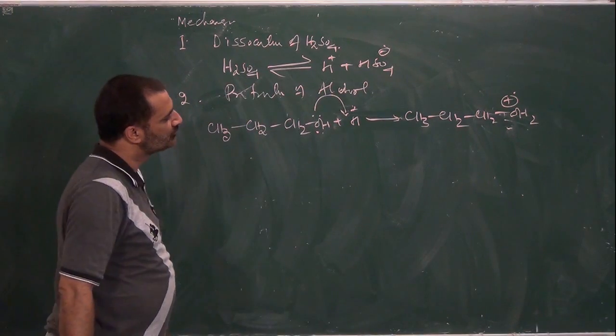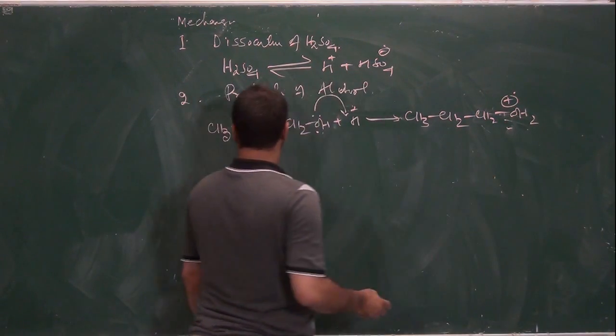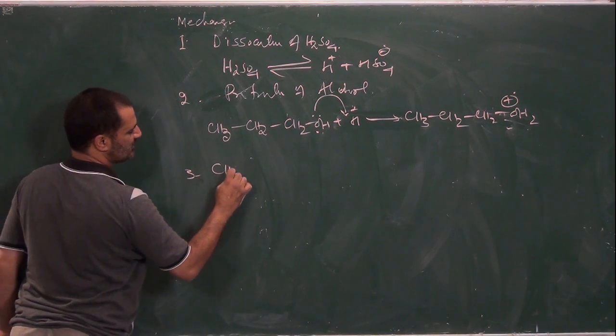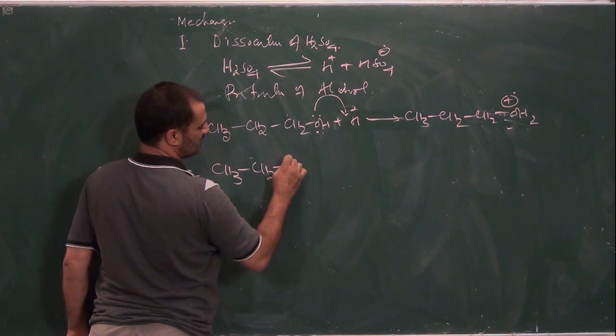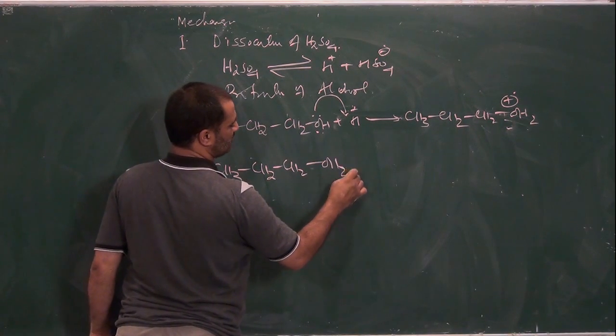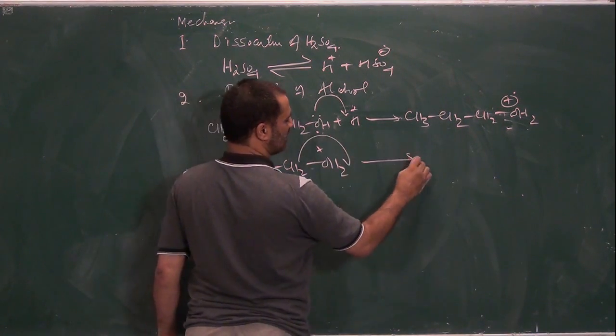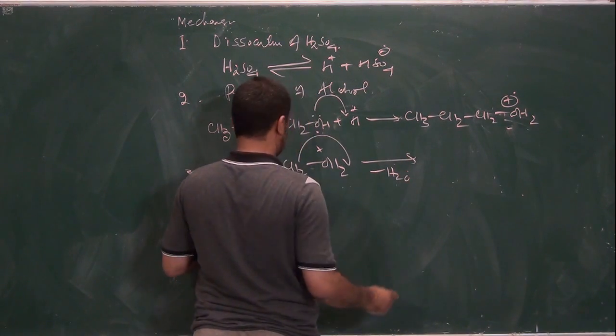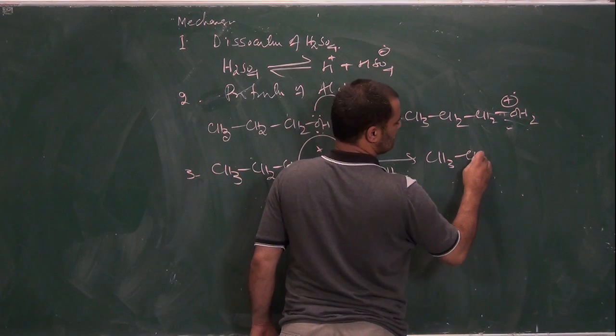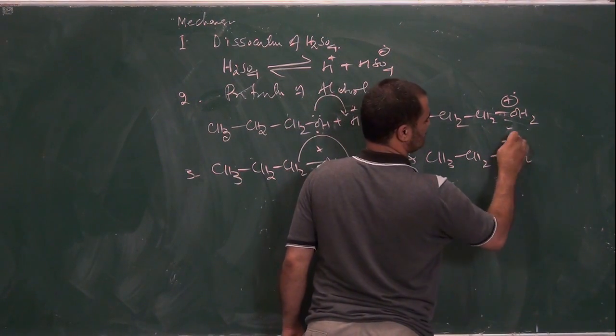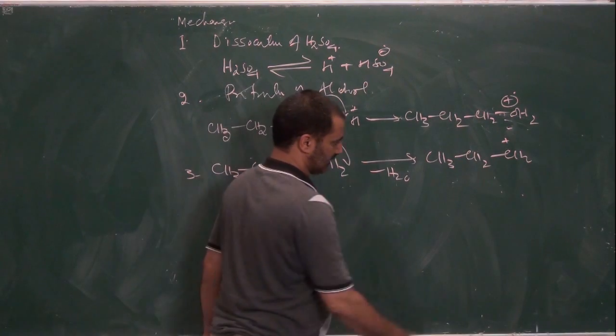So, the third step is water loss. CH3CH2CH2OH2 positive, minus H2O, gives CH3CH2CH2 positive. This is the primary carbocation.